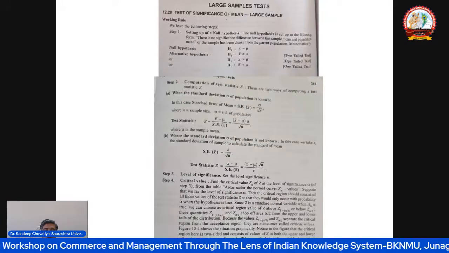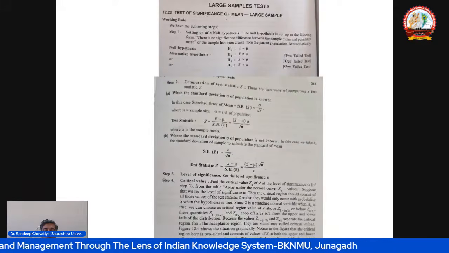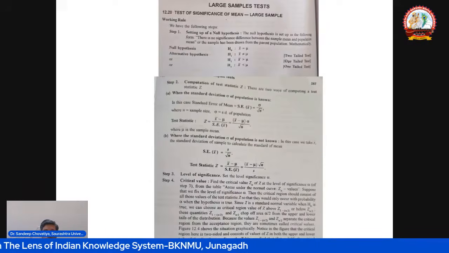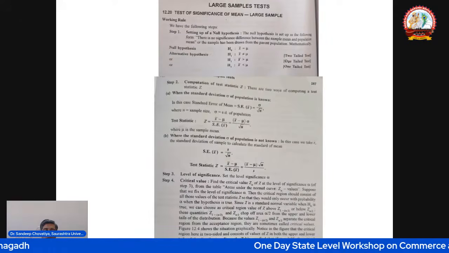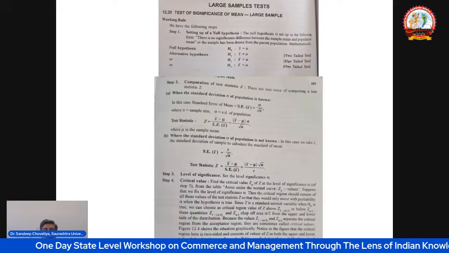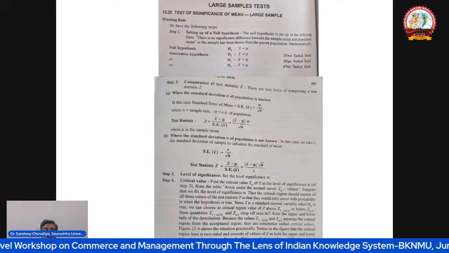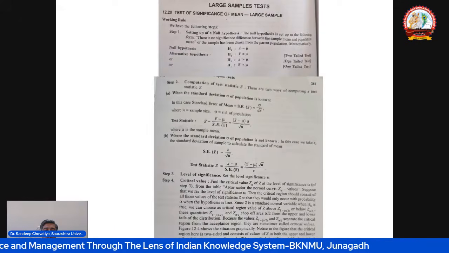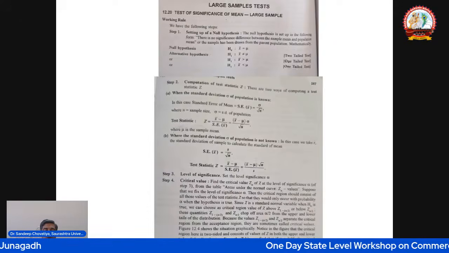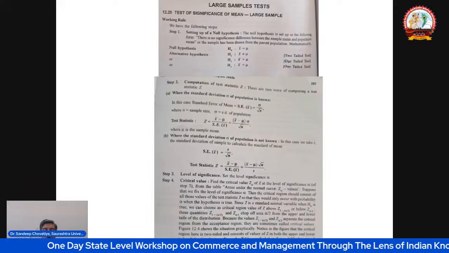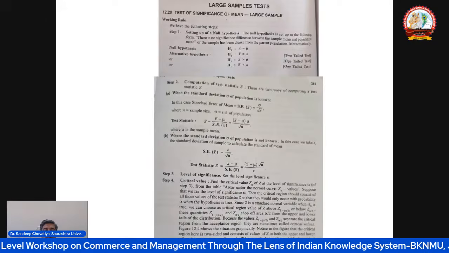Since Z is a standard normal variable, when the null hypothesis is true, we can choose as the critical region values of Z above Z of 1 minus alpha divided by 2, or below Z alpha by 2. These quantities, Z of 1 minus alpha by 2 or Z alpha by 2, chop off an area of alpha by 2 from the upper as well as the lower tail.